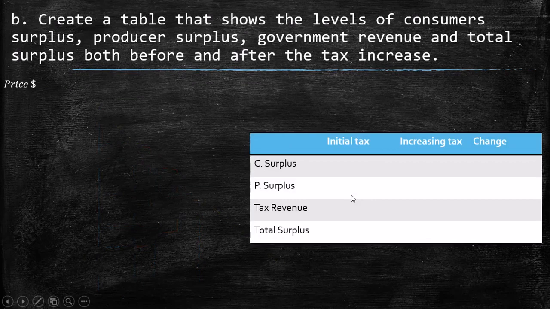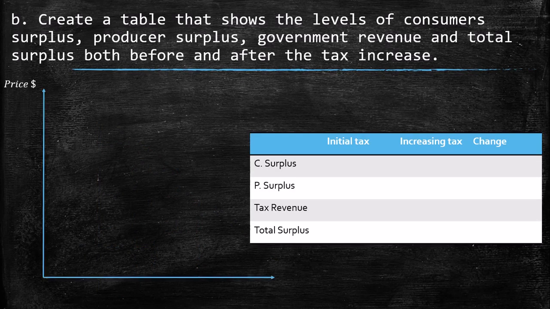Okay, so here we have the B question. Create a table that shows the level of consumer surplus, producer surplus, government revenue, and total surplus both before and after the tax increase.